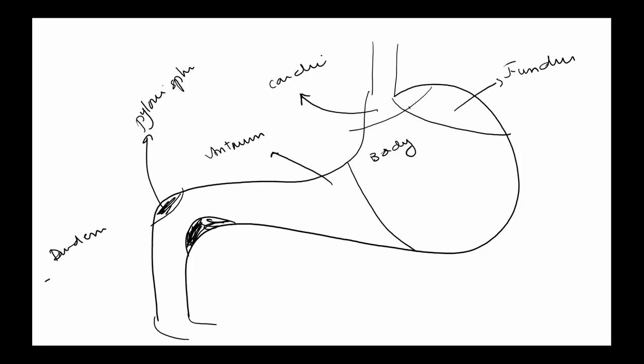So there are different types of cells in the stomach. In the body of the stomach, there are two main types of cell you will see. So there are parietal cells, and then there are chief cells.